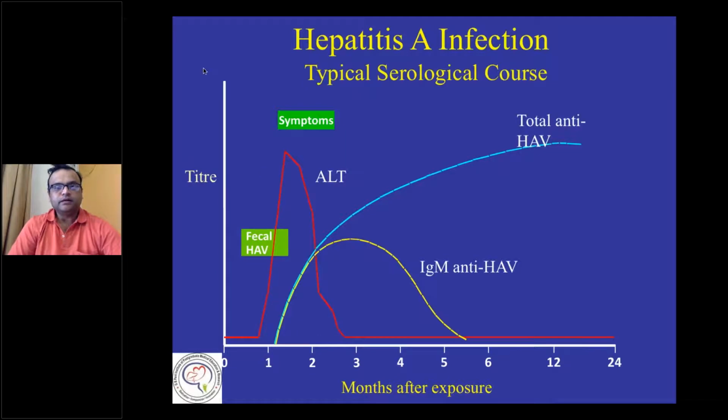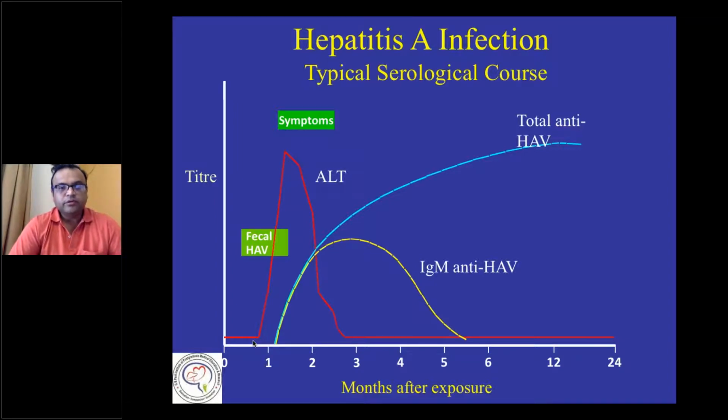This is the typical graph showing how the virus is being excreted fecally. When the symptoms start, the enzymes, ALT and AST, tend to go up. So fecal excretion of hepatitis A starts even before the onset of symptoms.